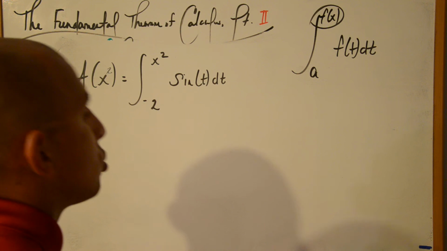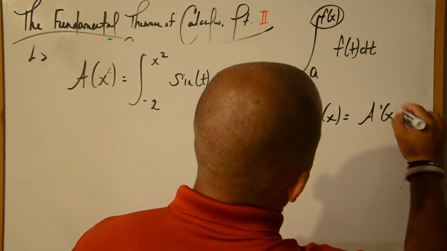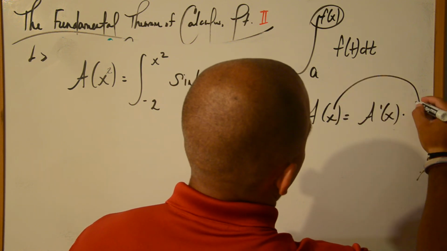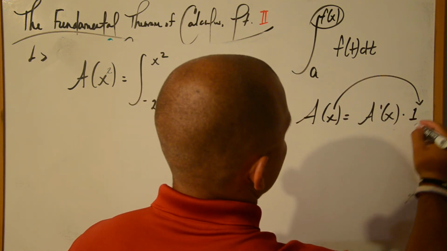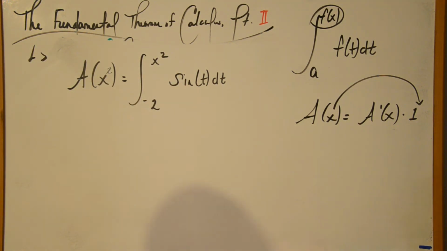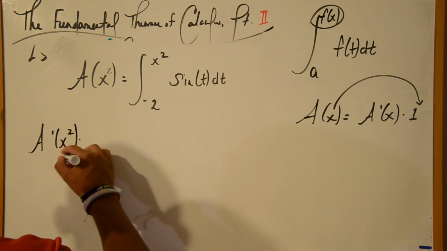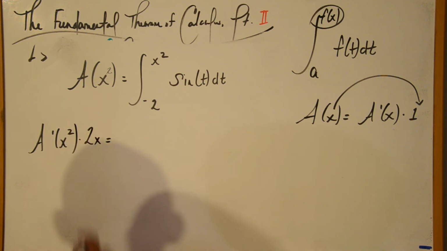Okay. So previously, when we derived A of x, that becomes A prime of x times the derivative of x, which is just 1. Once again, this is an assumption that we've taken for granted. However, when we go to derive this function, we have A prime of x squared times 2x.